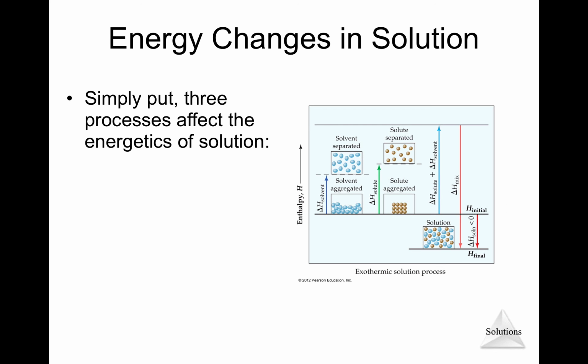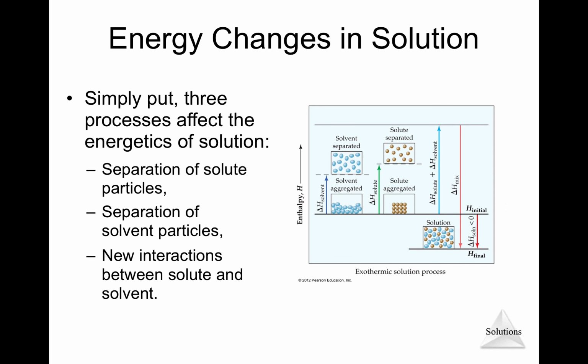Now there's going to be attraction between the solute and the solvent. So when you mix them together, that exothermic part is the surrounding of the solute with the solvent. So as long as the solute-solvent interaction collectively is greater than expanding the solute and the solvent, you'll have an exothermic heat of solution.